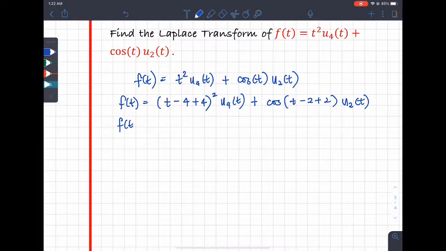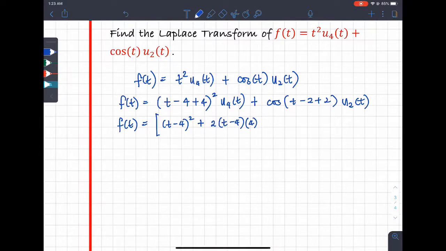So f of t here would become the expansion of t minus 4 plus 4 in such a way that we will retain the t minus 4, because that is the shift that we need. In this case, this would become t minus 4 squared, plus 2 times t minus 4 times 4.